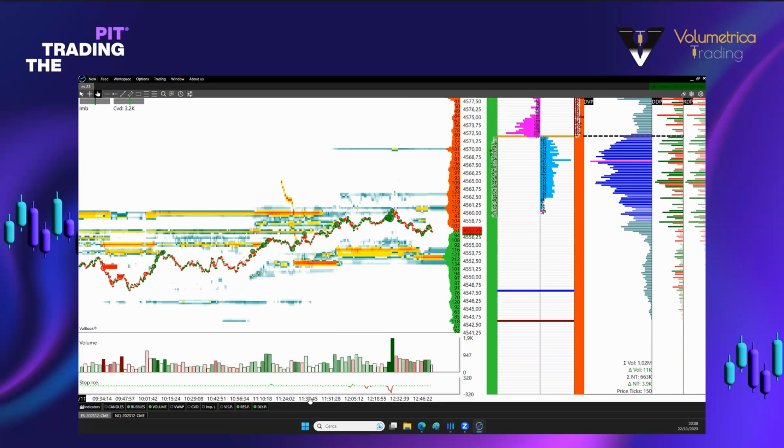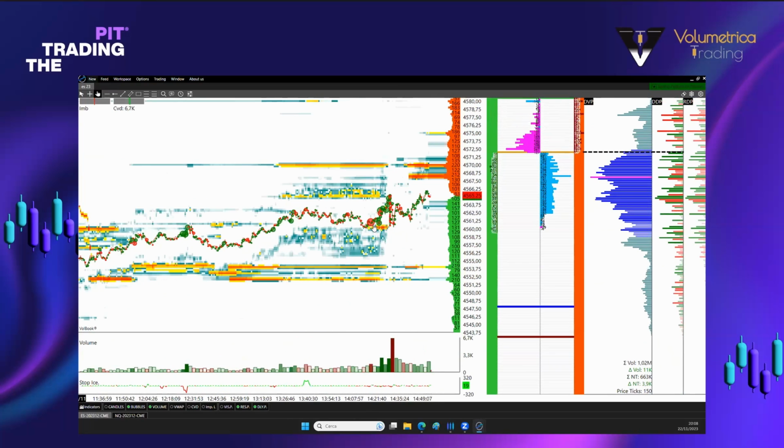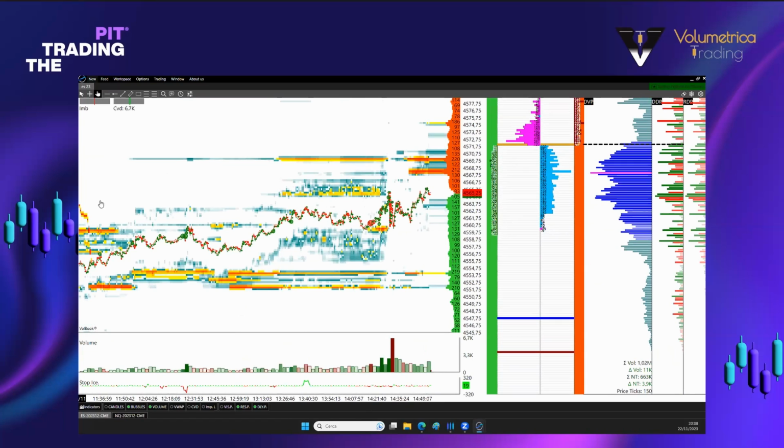This is back in the morning. That's my time, 11, 10, 12 o'clock, and so on. That's a very nice example of absorption. Why? Because we have price chopping around here. We have this block of liquidity below price, not so neat, but recognizable.